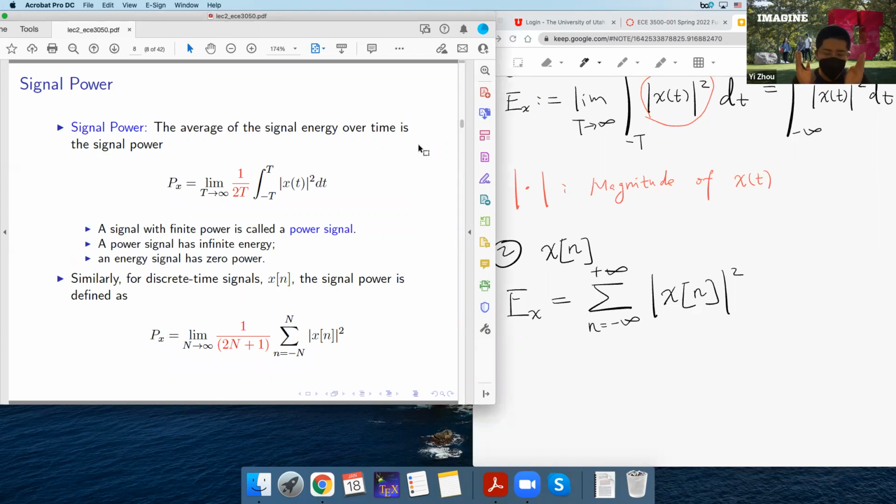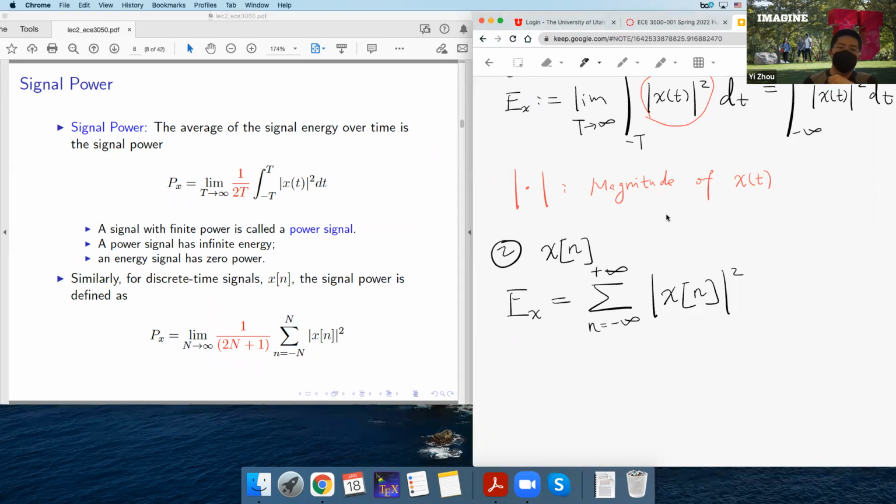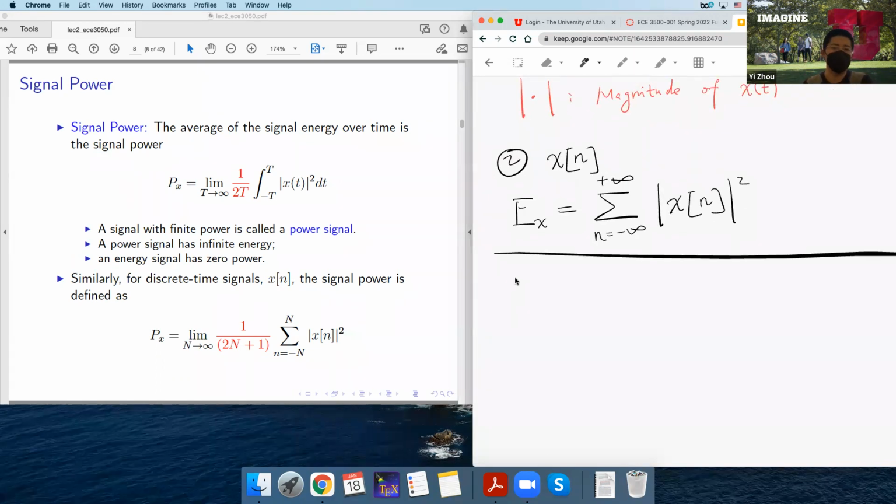Okay, so this is the definition of energy. It's very, very intuitive. We basically sum up all the squares of the magnitudes of the signal over the time domain. And following these formulas, you can calculate the energy of any signal.